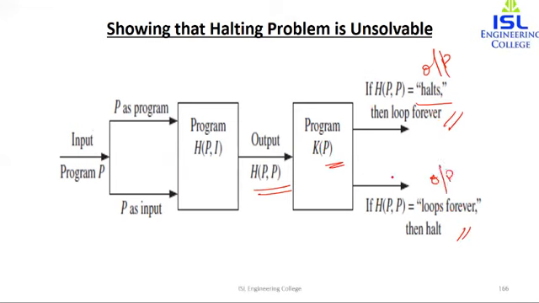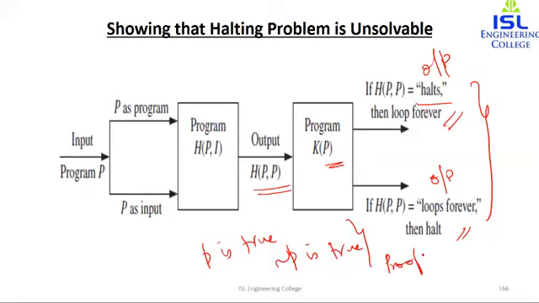So both of these are opposite things. That is, we are saying P is true and the negation of P is also true. So this is proof by contradiction.